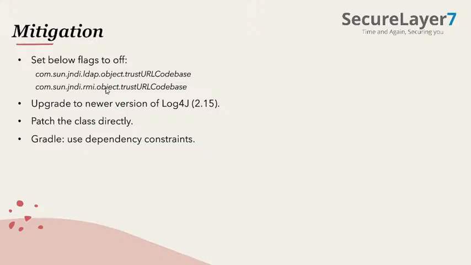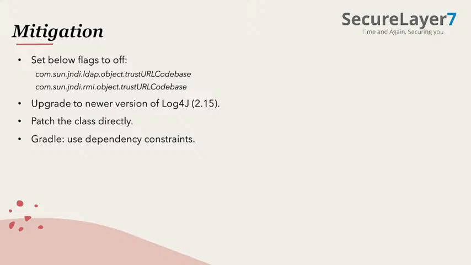So when you set these flags to off, and someone enters any JNDI lookup URL, your JVM will think, okay, I have a JNDI request, I have the LDAP or remote method invocation request. But wait a minute, I don't trust that URL, right? So that's the very basic thing you can do first.